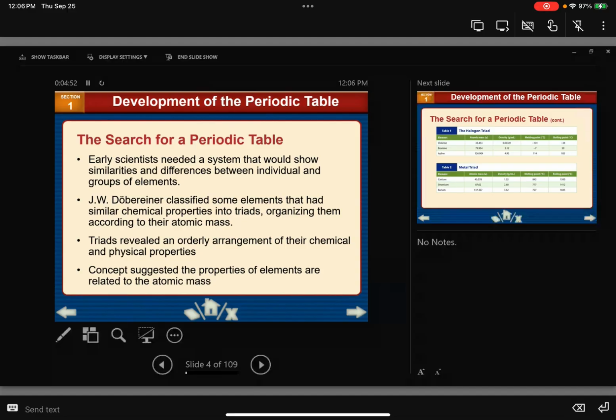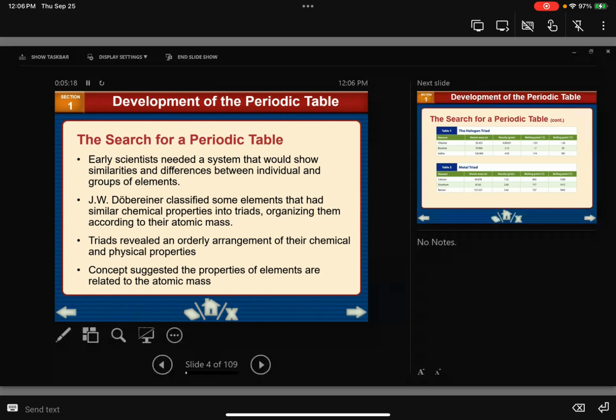Table 1, which is on page 85 in your book, and table 2 on page 86 show 2 of those triads. And from that, it revealed an orderly arrangement of their chemical and physical properties.